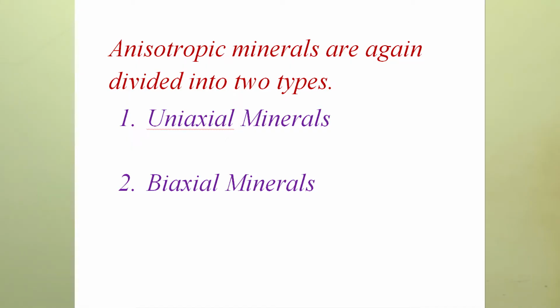And now anisotropic minerals are again divided into 2 categories: uniaxial minerals and biaxial minerals. Anisotropic minerals are all the 6 crystal systems. What is uni?